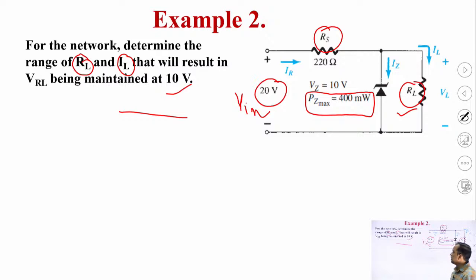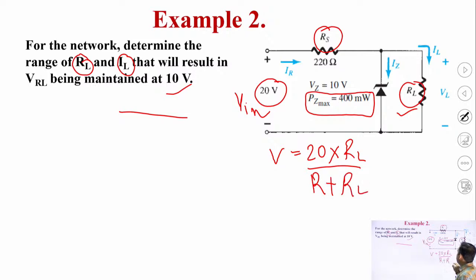We'll start the same way: first we calculate the voltage V. V equals 20 multiplied by RL divided by R plus RL. We don't need to learn any formula here. We are already aware that when this open circuit voltage is equal to Vz, we have the minimum value of load resistance.